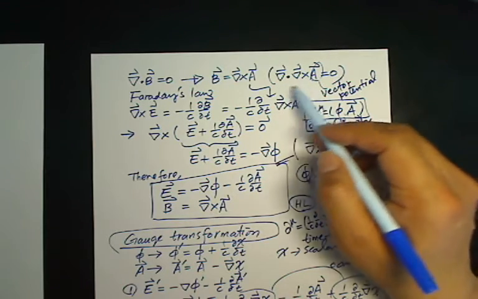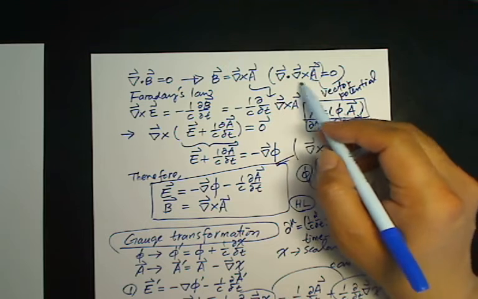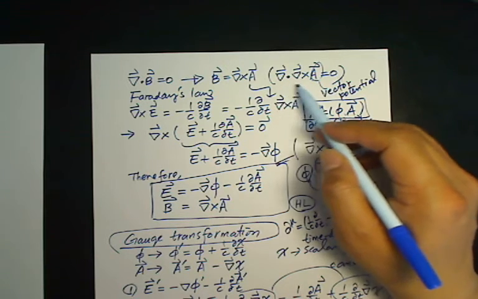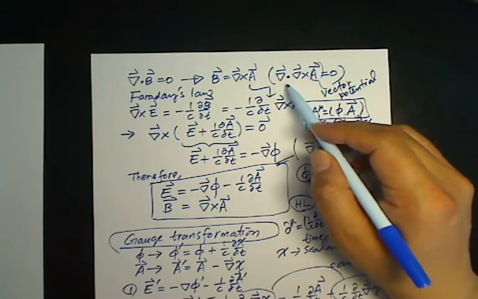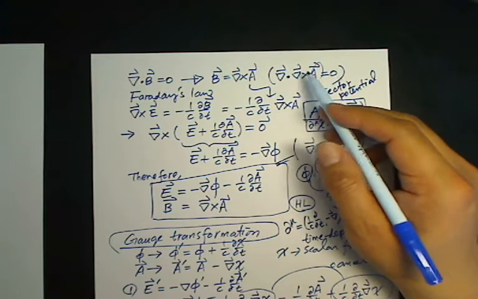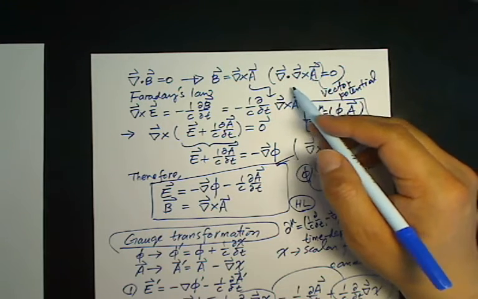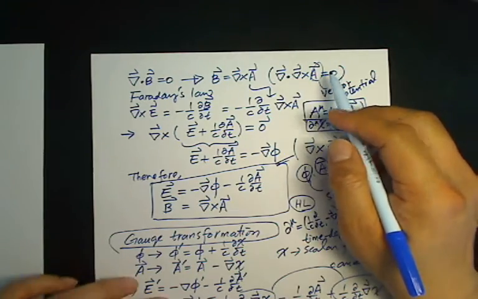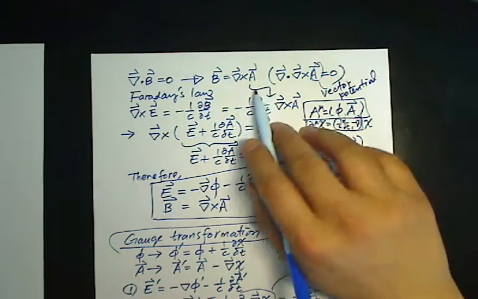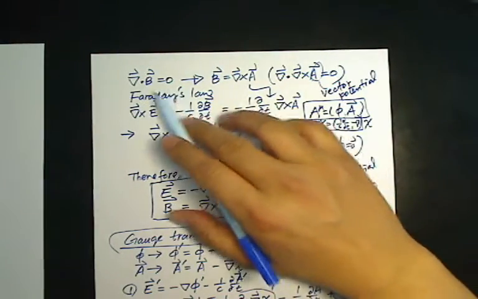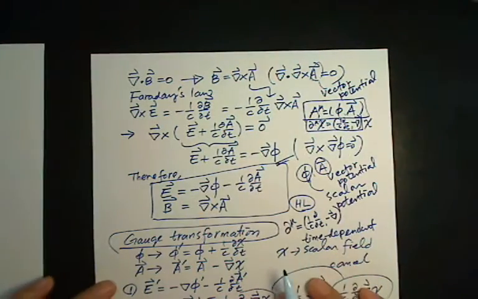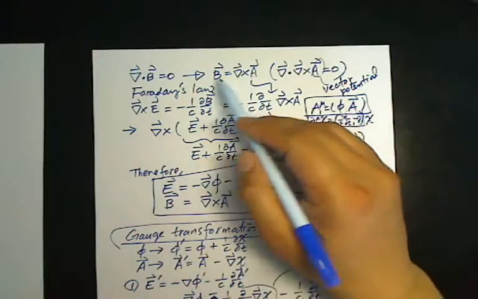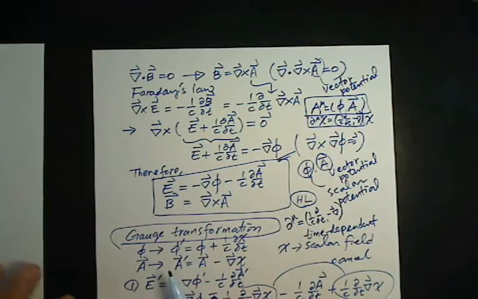So epsilon ijk is multiplied, and then these two derivatives are commutative. Therefore, a symmetric tensor multiplied by an anti-symmetric one results in a vanishing component. So in any case, there exists an A such that curl A expresses the magnetic field.